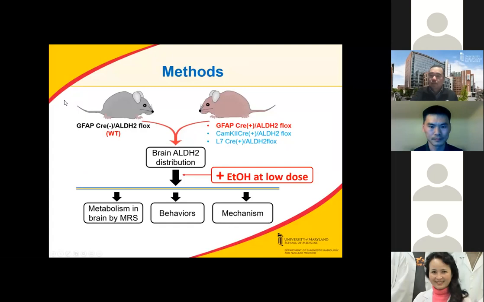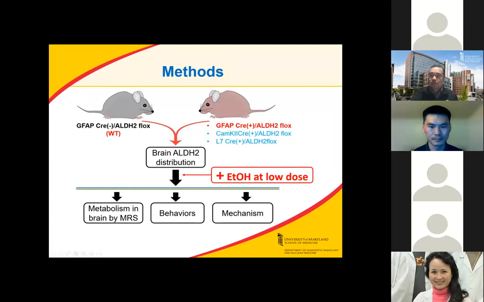Here is the model we established in our lab, the GFAP ALDH2 flox. With the GFAP Cre positive ALDH2 flox, the mice specifically knock out the ALDH2 gene in the brain, especially the astrocytes. GFAP is targeted for the astrocyte. We may also talk a little bit about the whole body knockout model and the Purkinje cell ALDH2 knockout model.